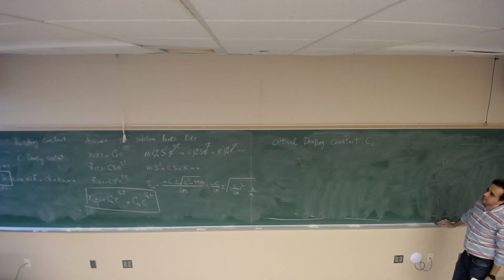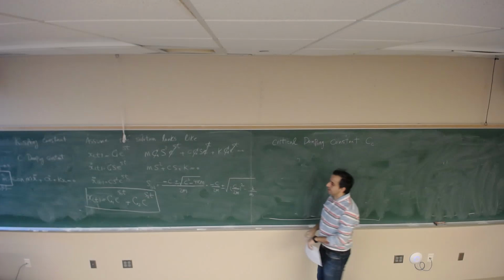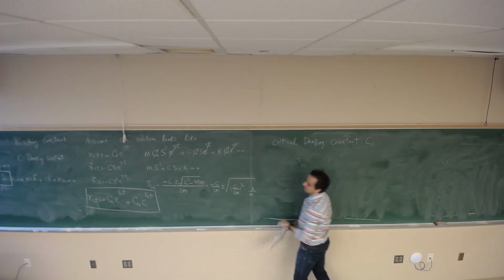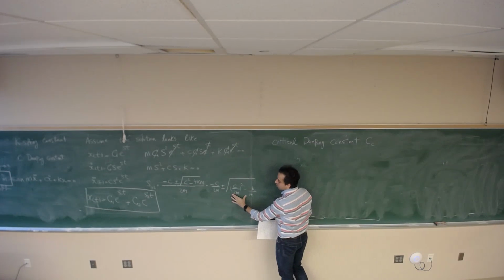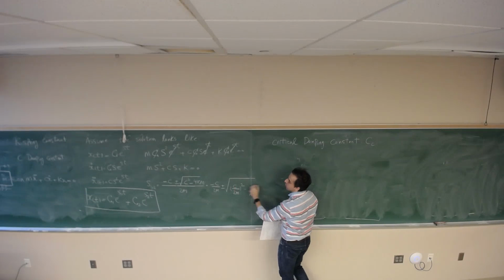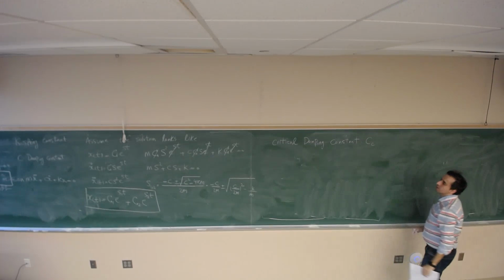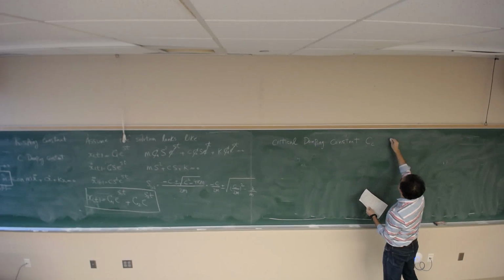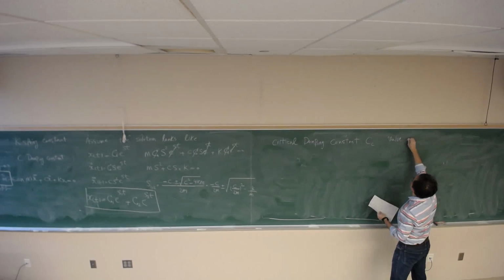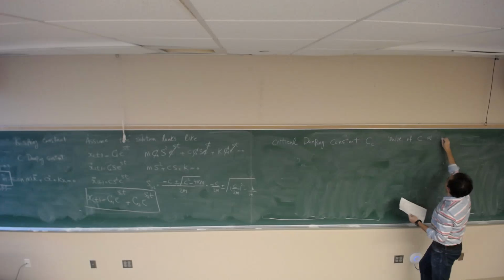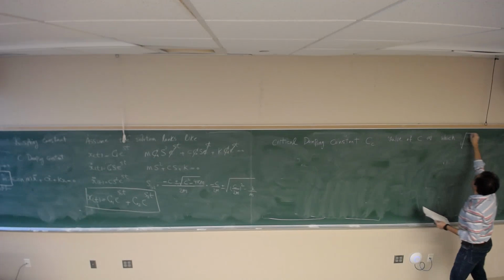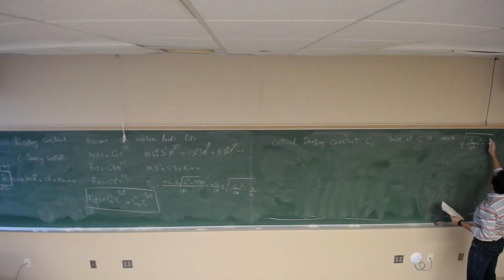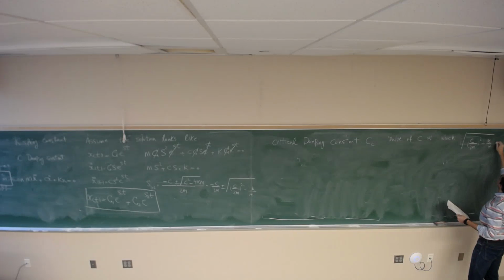The critical damping constant is the damping constant at which the inside of the square root is going to be 0. So if I set the inside of the square root equal to 0, I find the c value for this, and that value is called the critical damping constant. It is the value of c at which c over 2m squared minus k over m equals 0.